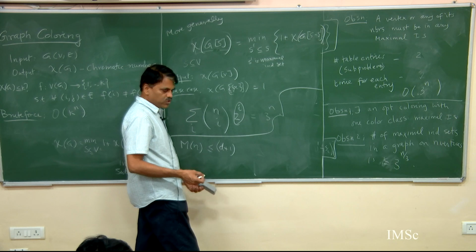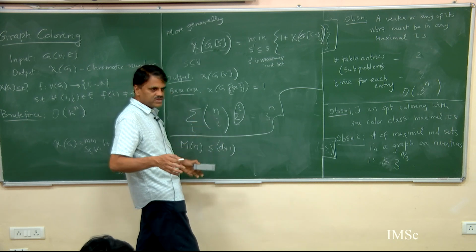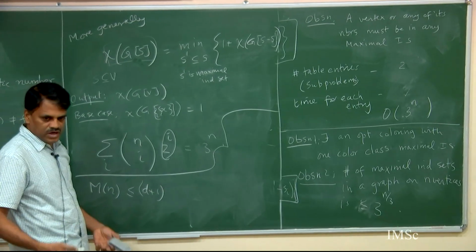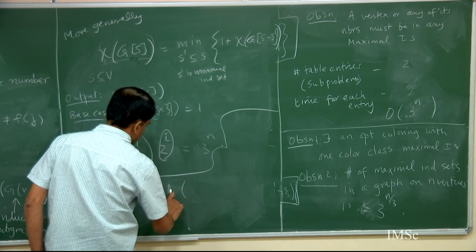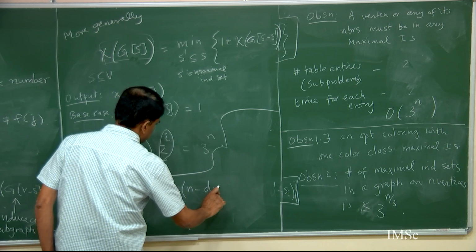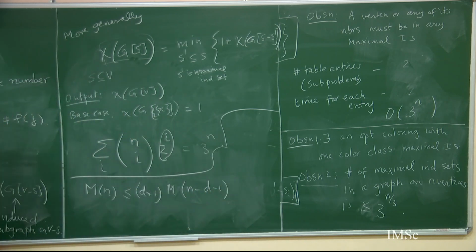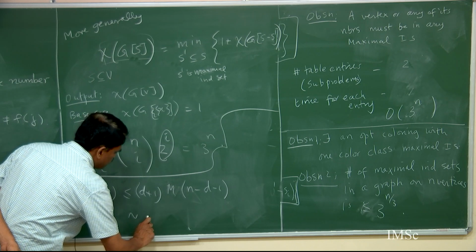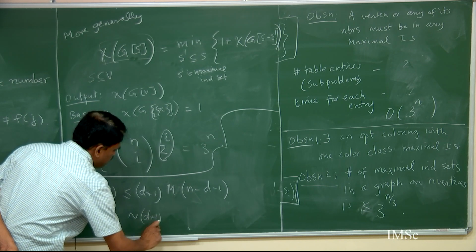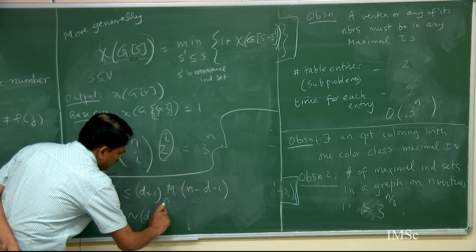And then it recurs. Once I pick a vertex or any of its neighbors, I have to throw them out into the remaining thing. So, it will be m of n minus d minus 1. This is it, just solve this recurrence and pick the d that maximizes it. It turns out to be 3 power n by 3, because this will solve to d plus 1 power n by d plus 1.